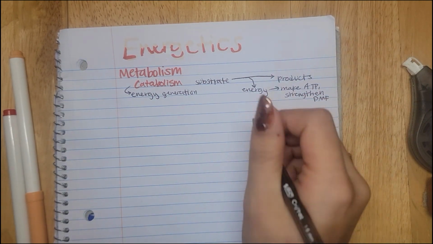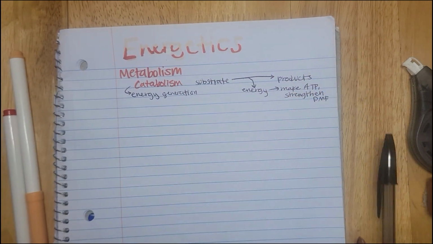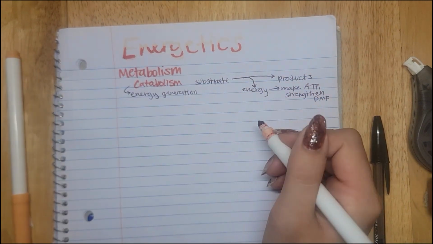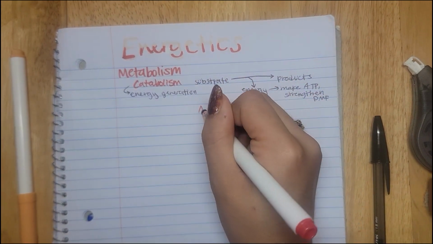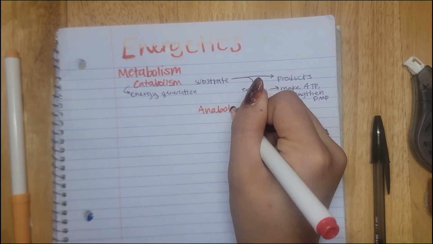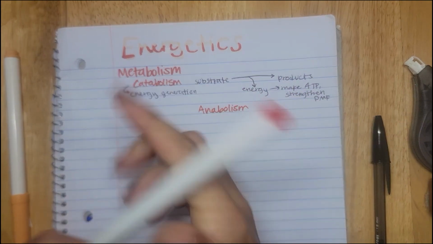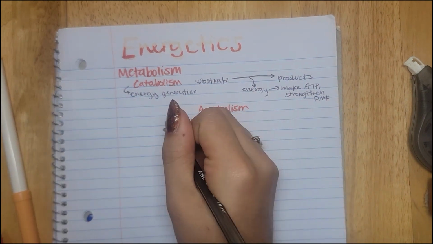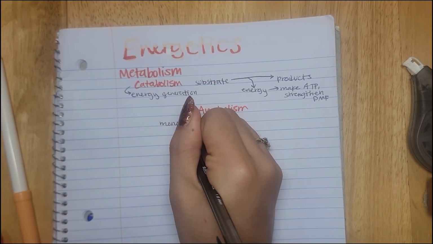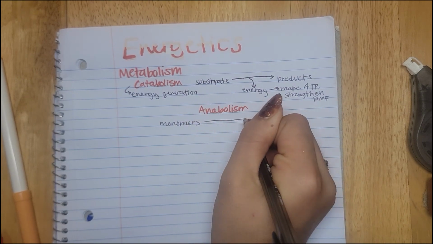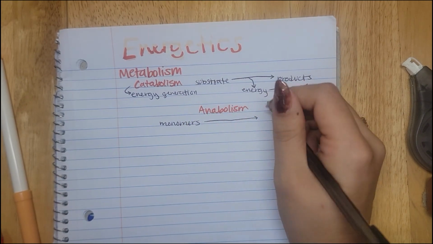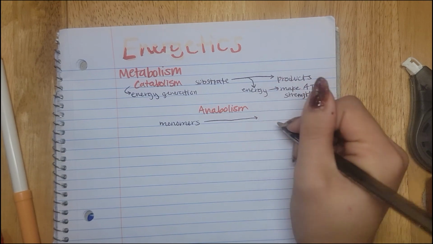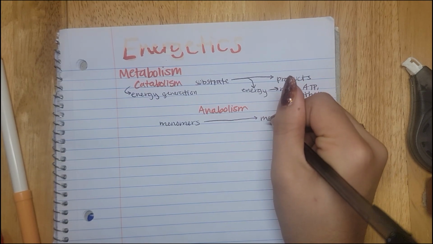But that energy can also go to anabolism, which is energy consumption. It's making stuff. So it uses that energy to take monomers and turn them into something, like macromolecules.